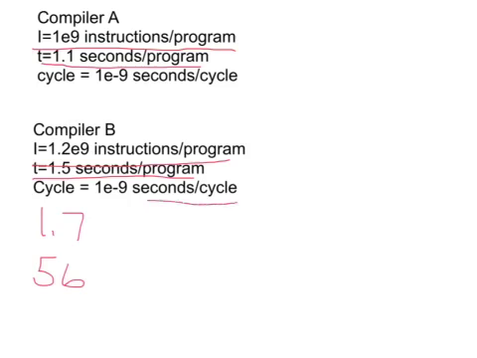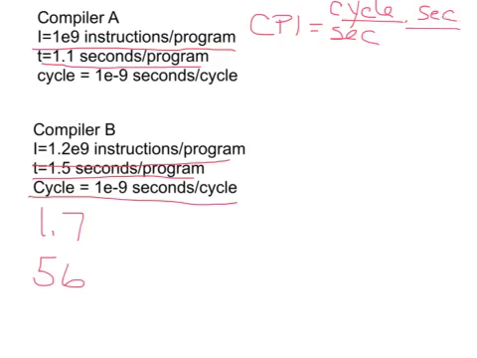So we want CPI, which is equal to the number of cycles per second, so the inverse of the cycle time, times the number of seconds to run the program, times the inverse of the instruction count.